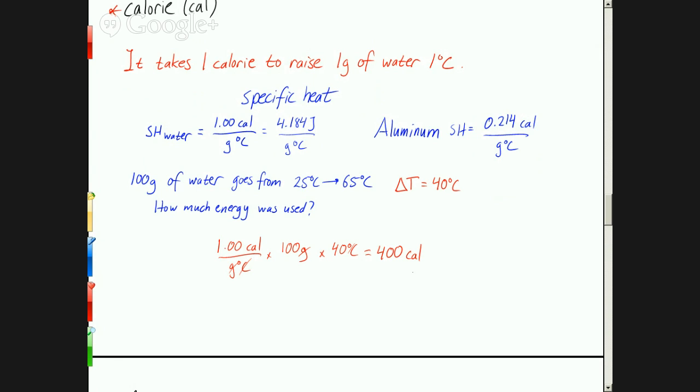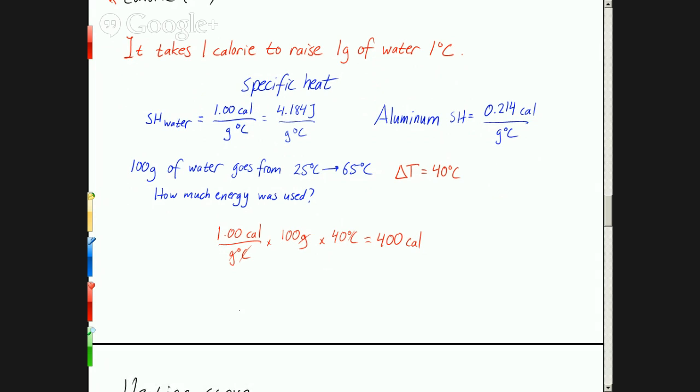Wait, how did you cancel the degrees? With the change in temperature, the number of degrees. Oh. So this is the calories per each degree, and if we went 40 degrees, we have to multiply by 40. The overall equation, if you want to think about it that way, is that the total heat is going to be the mass of whatever's getting heated, so water in this case.